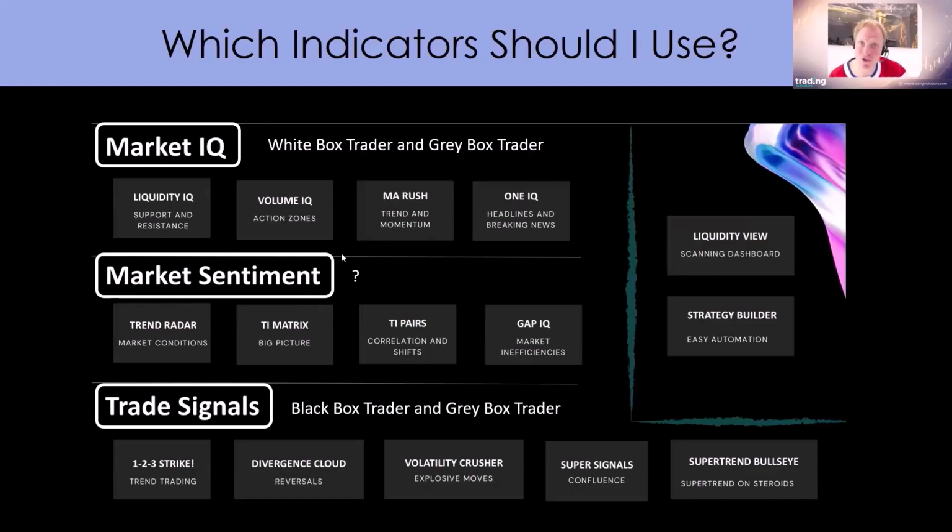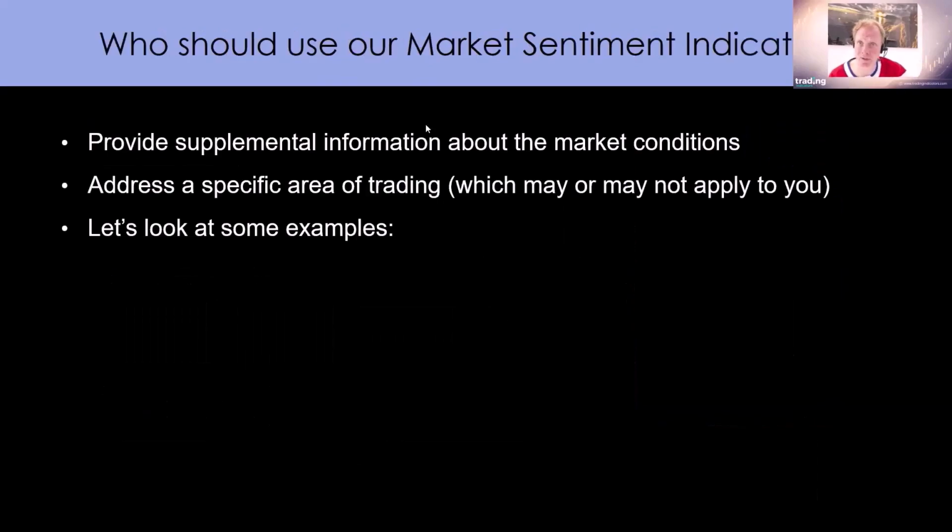So let me try to zoom into this question a little bit. So market sentiment indicators would include our trend radar indicator, which we've used in Liquidity IQ, TI matrix for multi-time frame analysis, TI pairs for correlations between symbols, and gap IQ for finding gaps in stocks and ETFs. So who should use these? Well, these indicators, at least the way we designed them to be, they provide what we call supplemental information about market conditions.